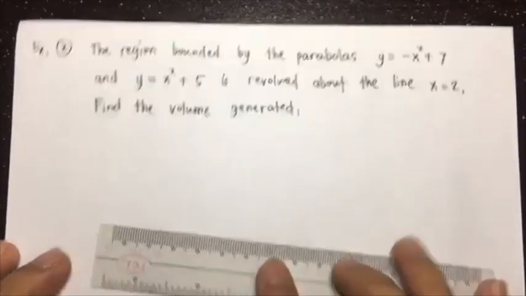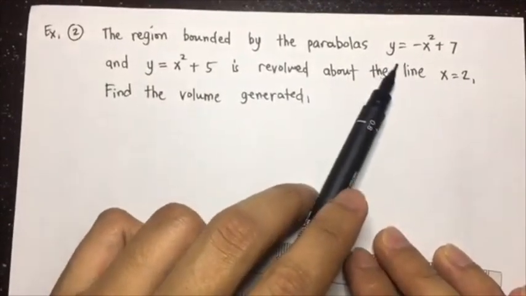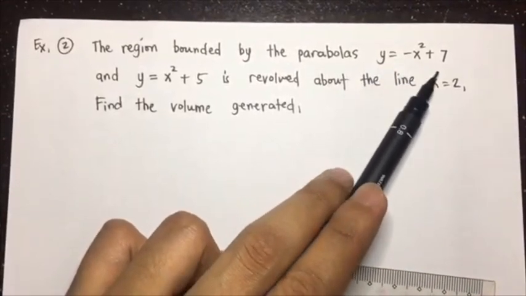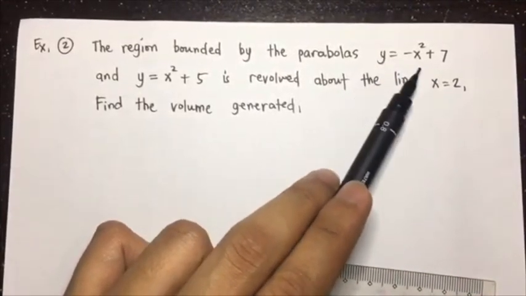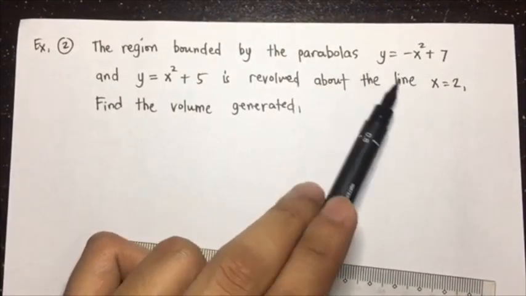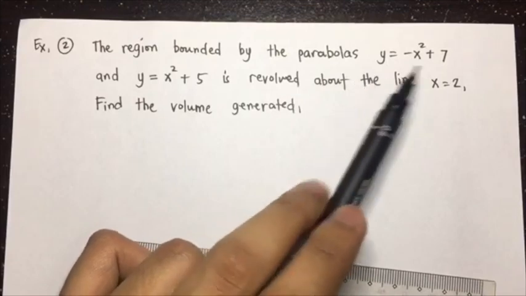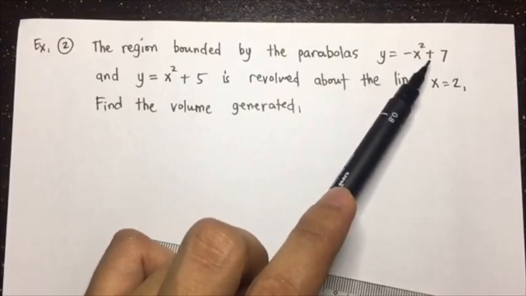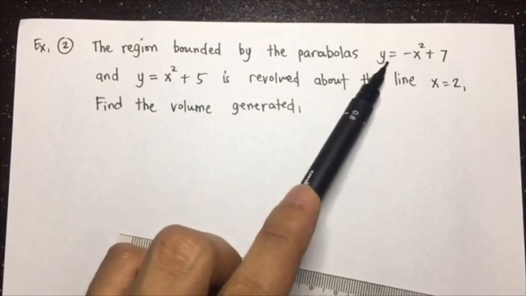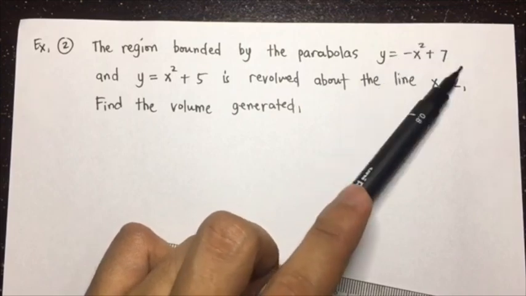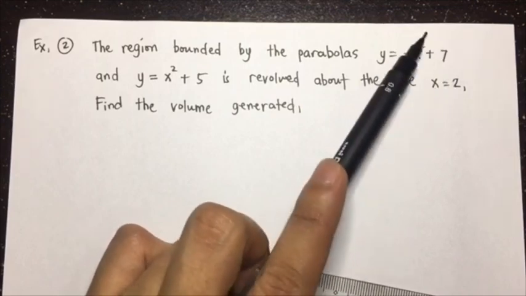So first let us try to see what our parabolas look like. So we have y is equal to negative x squared plus 7. So that is a parabola opening downwards, with vertex at, if we transpose 7 on the other side, (0, 7). Also if we set x is equal to 0, y is equal to 7, right?